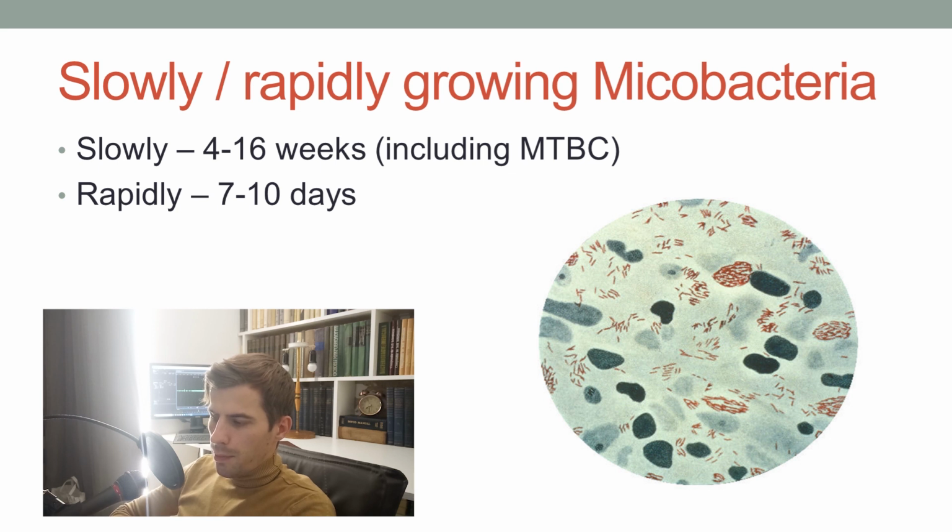Mycobacterium tuberculosis complex is part of the slowly growing bacteria, even if sometimes it can grow between 15 and 25 days, but very often it can take up to 4 weeks. So we will not have too fast cultivation of these bacteria.